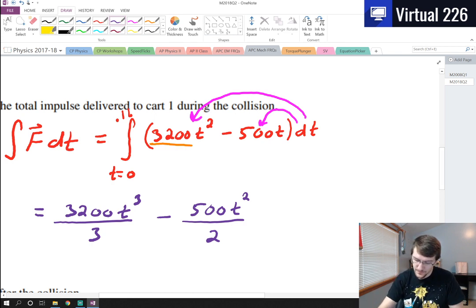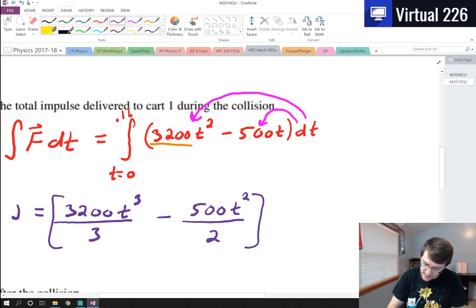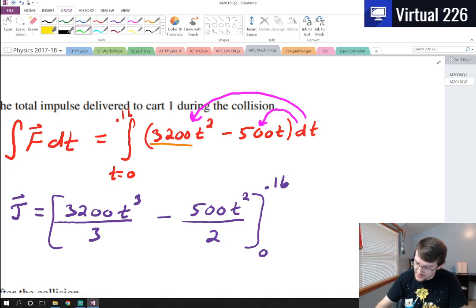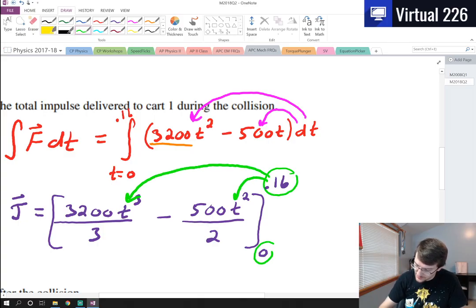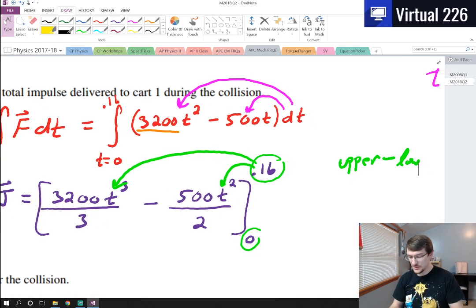Now what we need to do is place in, and sometimes you'll see it written like this. This is impulse again. We need to put in our upper and lower bounds. So essentially, it's going to be the upper quantity minus the lower quantity. We're going to put in 0.16 for t cubed and t squared, and then we're going to put in zeros for both of these. When we put in the zeros, we get nothing out of that, so that's kind of nice.